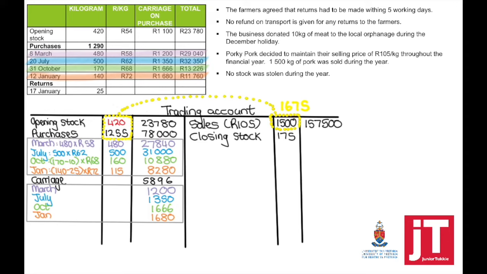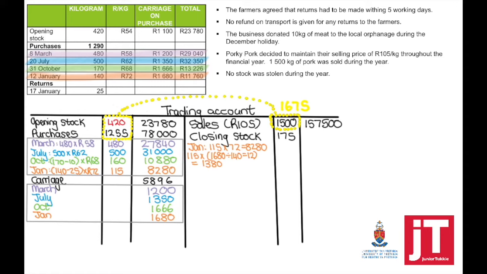So to calculate the value of our closing stock, we are going to start with the most recent purchases. So this means we need to start with January. So if there are 175 units left over, it means that all that stock from January is going to be included in our calculation for closing stock. So 115 times 72, but now be careful with the carriage.